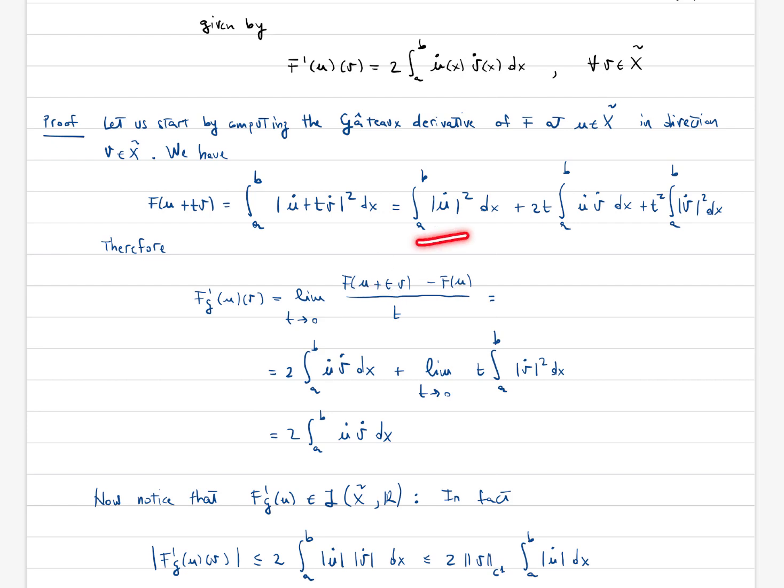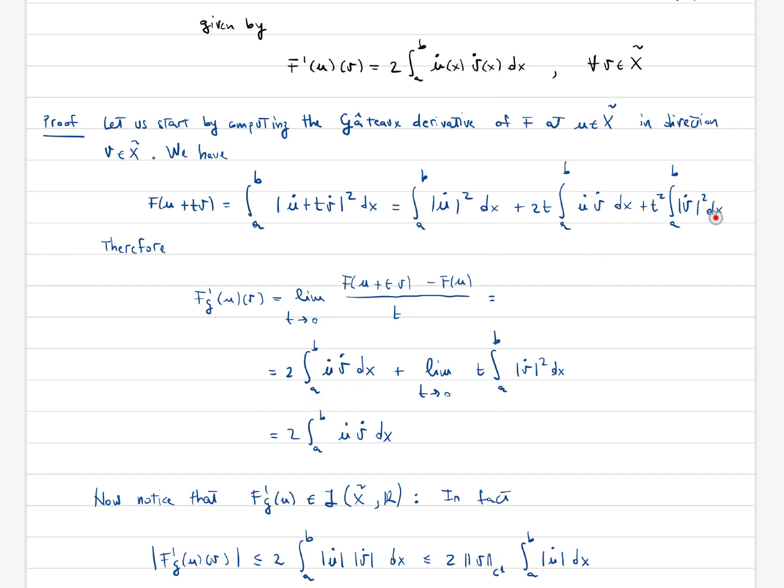First of all, this one is exactly f of u, so this term here goes away, and you're left with this term here. And so dividing by t, you get twice the integral from a to b of u dot times v dot, which is exactly this one. And so the limit, as this does not depend on t, you can disregard this term here in the limit.